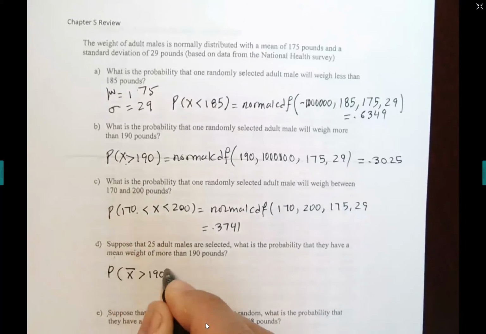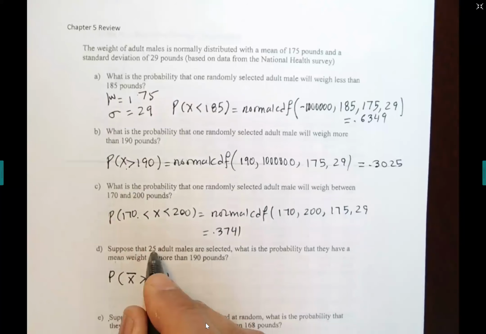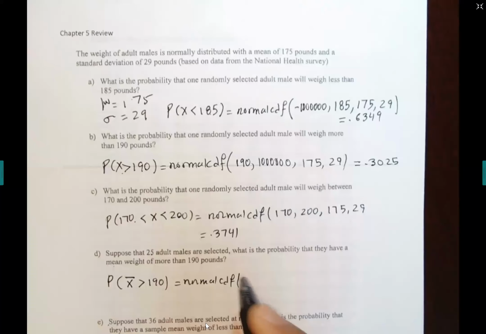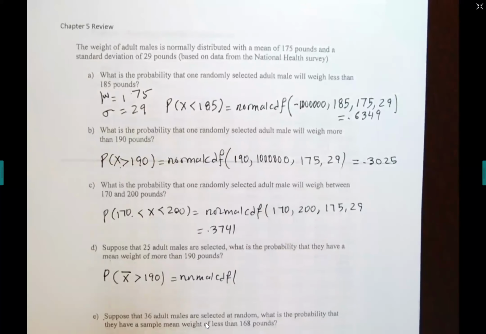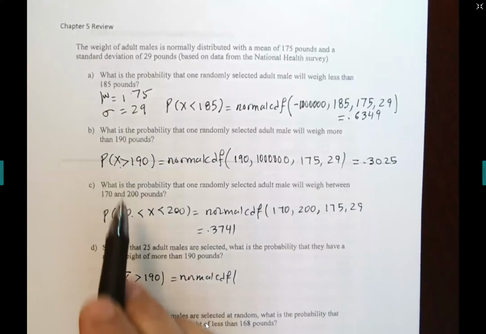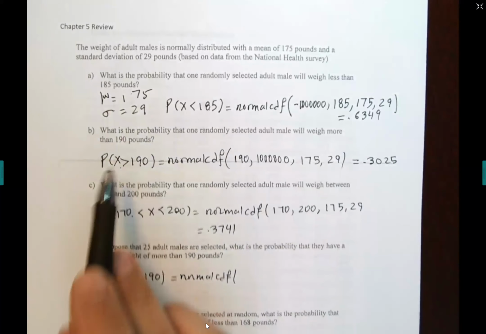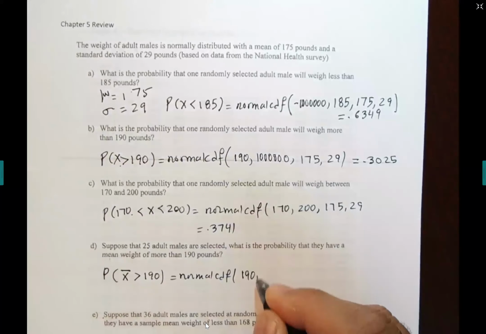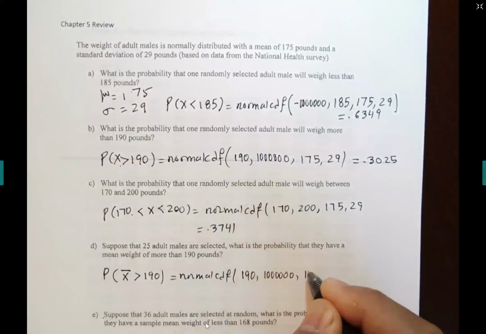So anytime you have a sample, look at what's going to change. I'd like you to watch the difference between part B and part D. Look, this is X greater than 190, one person. This is a mean greater than 190. So it will be normal CDF, 190, same thing, 1 million, same mean, 175.